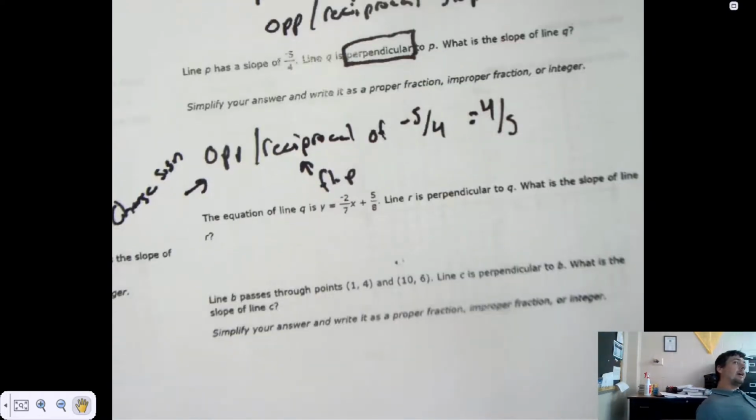All right, here we have one. The equation of line Q is y equals -2/7 x plus 5/8. Line R is perpendicular. What is the slope of line R? JC, what's the slope of the line that's given?